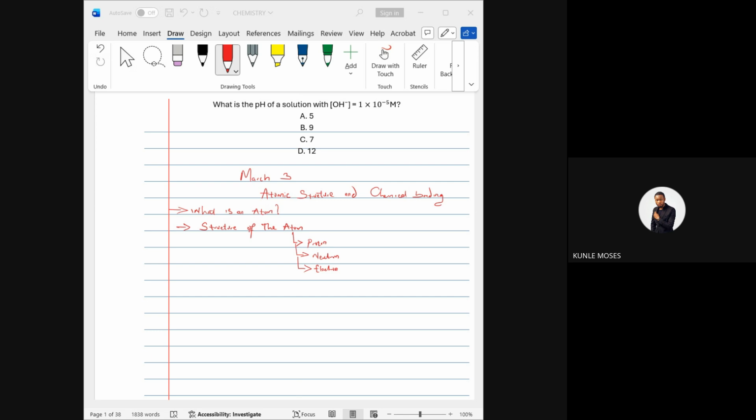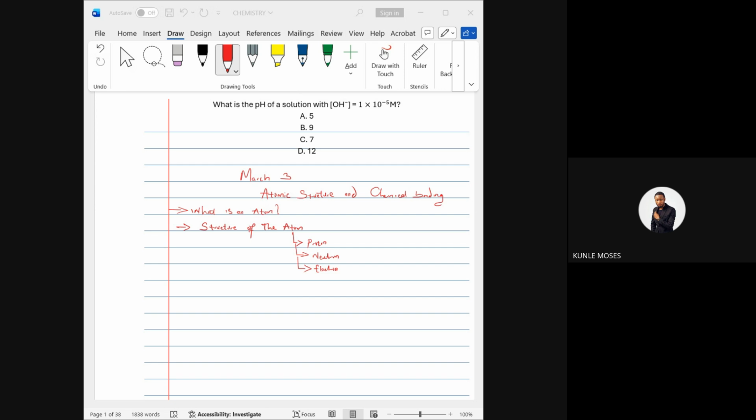So let's continue. Today we are taking atomic structure and chemical bonding. I believe you understand what an atom is, and we want to check the structure of the atom. You have to understand that an atom consists of three particles: the proton, the neutron, and the electron.